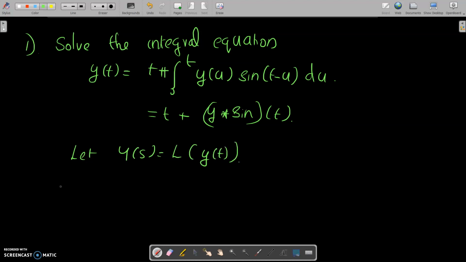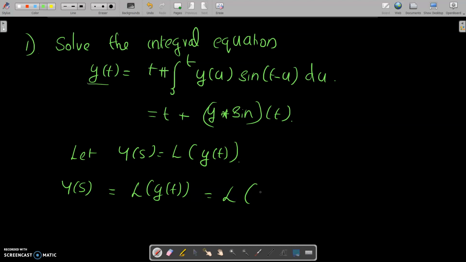Then Y of s is the Laplace transform of y of t. What was y of t? Y of t is equal to t plus y star sin of t.